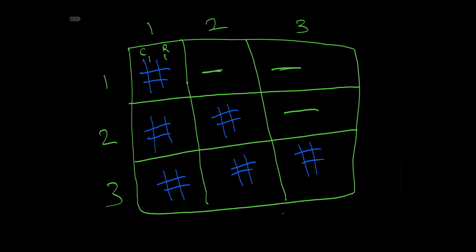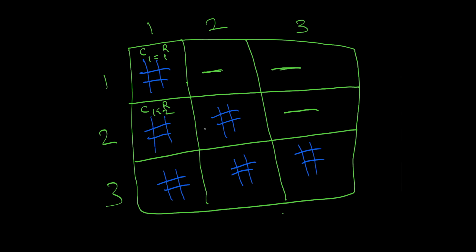We have it in column 1, row 2. As you can see, 1 is equal to 1. Column 1 is less than 2.